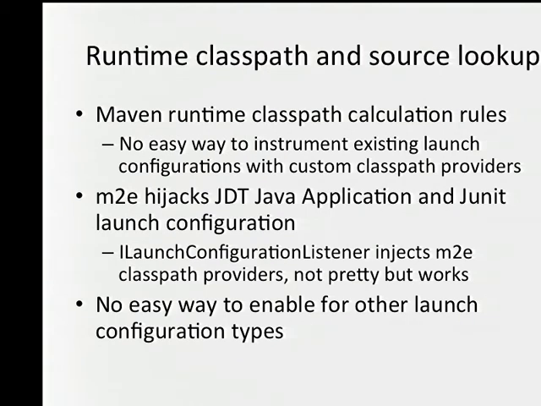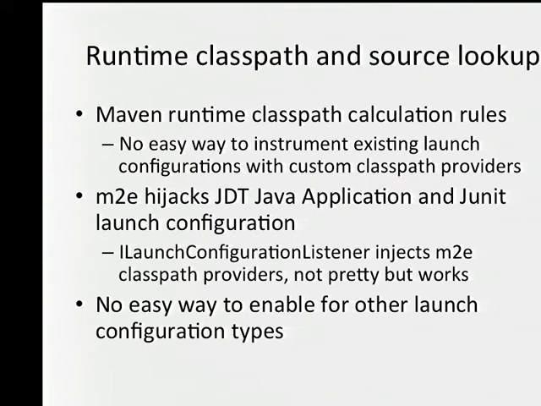Okay, runtime classpath and source lookup. As you probably know, runtime classpath dependency resolution rules are something specific to Maven. And in order to represent them properly in the workspace, m2e provides its own implementation of classpath provider, runtime classpath provider, and source lookup path providers.